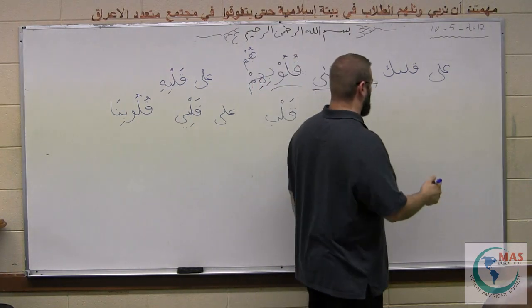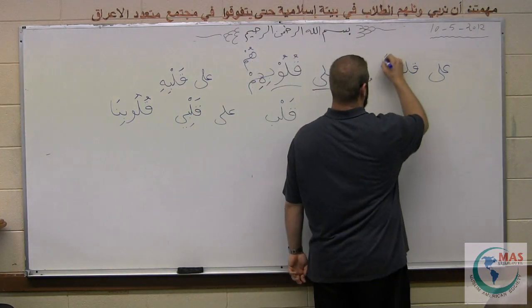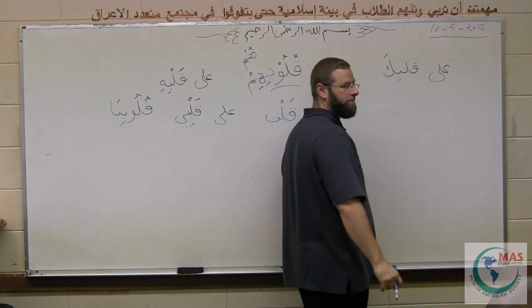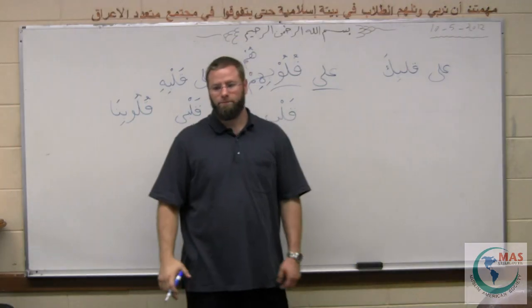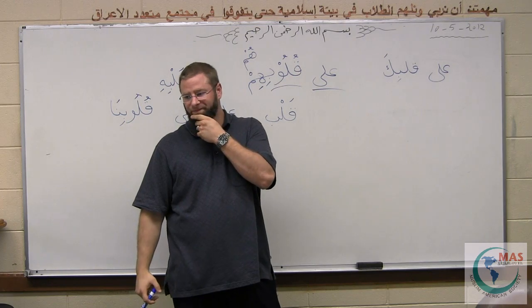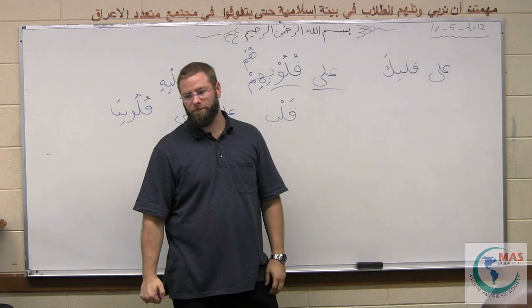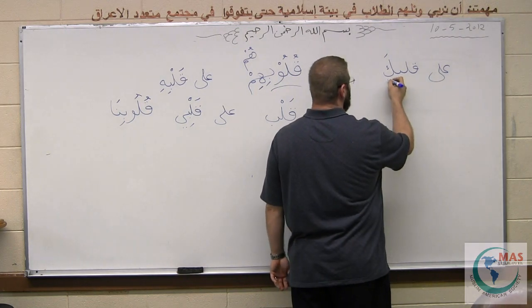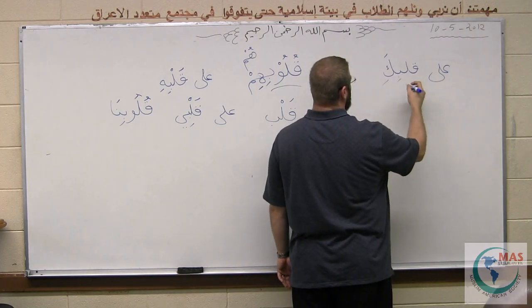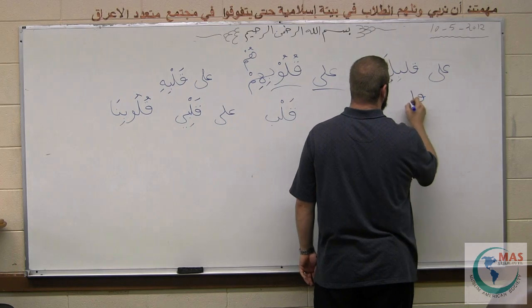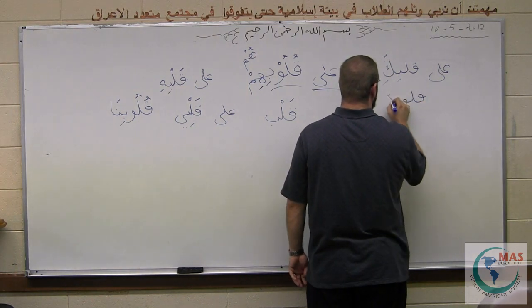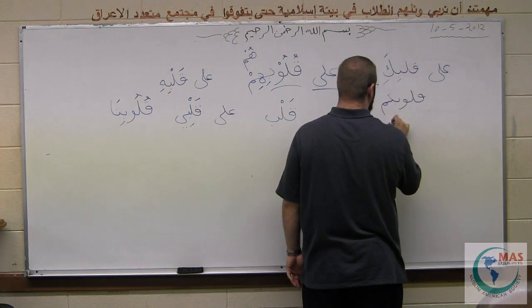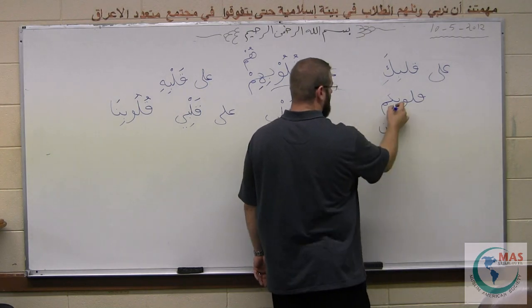Qulub is plural. Qalb is singular. Ala qalbika, upon your heart. على قلبك. على قلوبكم. Right? This is how it's going to be.